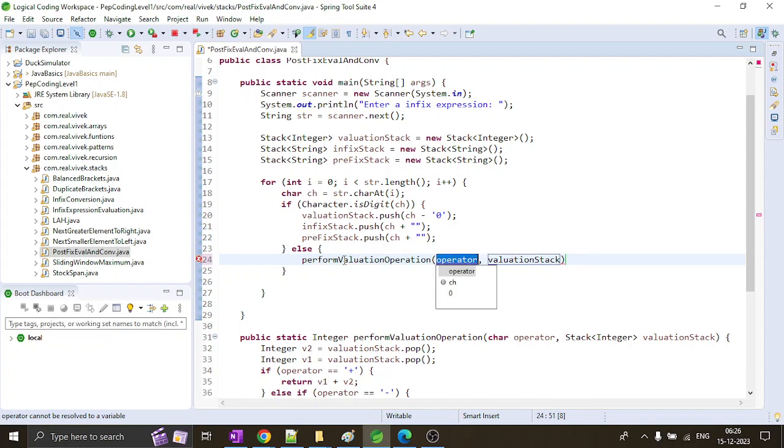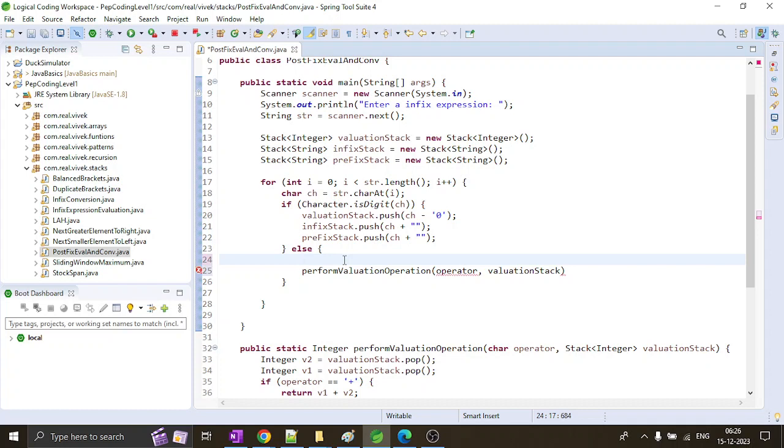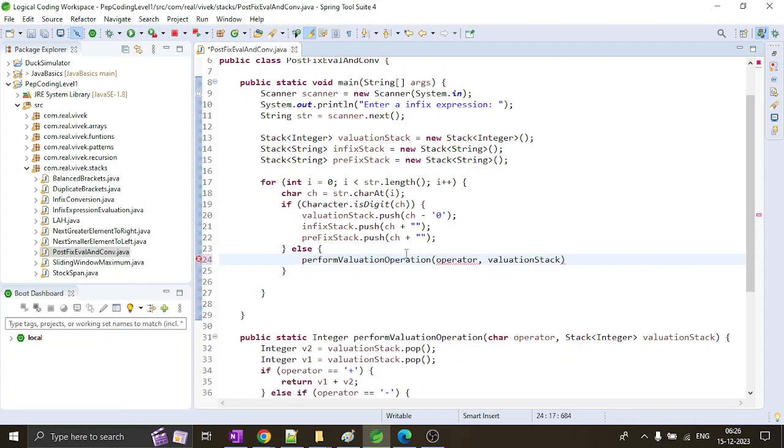The operator will be the same, so we have only one line to get the operator, which is ch. We don't have to pop or anything. Ch is the operator because if it is not a digit, it will be an operator.